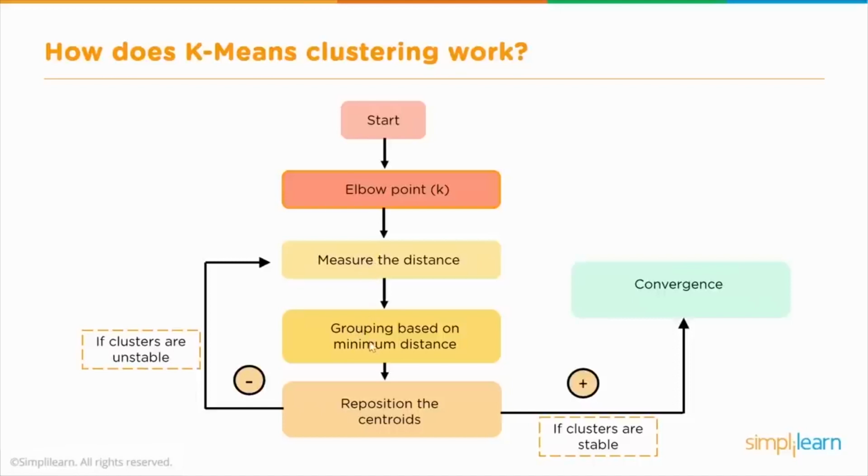And if required, the data points are reallocated to the new centroids and the mean position or the new centroid is calculated once again. If the centroid moves, then the iteration continues, which means the convergence has not happened. The clustering has not converged. So as long as there is a movement of the centroid, this iteration keeps happening. But once the centroid stops moving, which means that the clustering process has converged, that will be the end result.